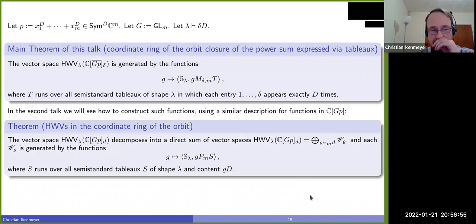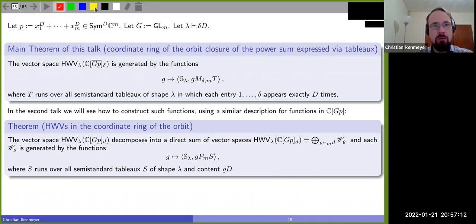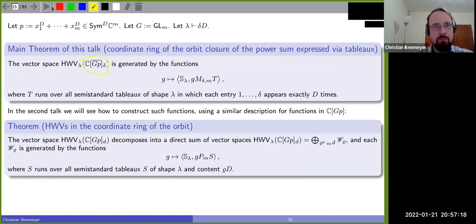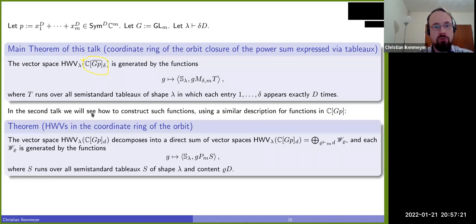Let me say, if you have this type of description, what's the main benefit? It's of course nice that we can run it on a computer, but the really nice thing is that you can now relate the coordinate ring of the orbit closure and the coordinate ring of the orbit.